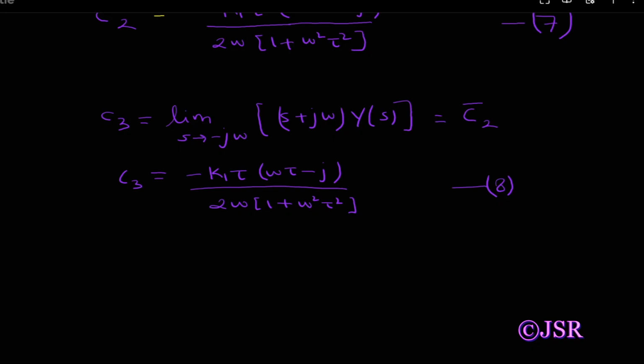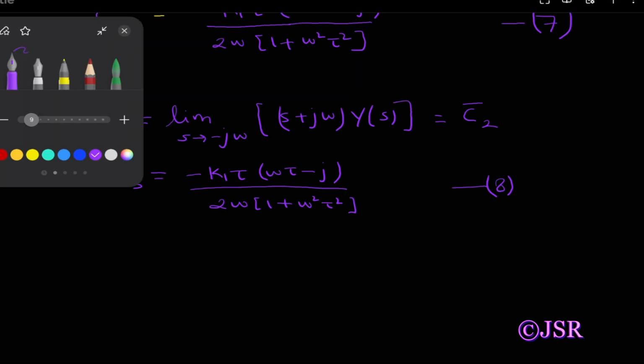So you can prove that C3 is the complex conjugate of C2.